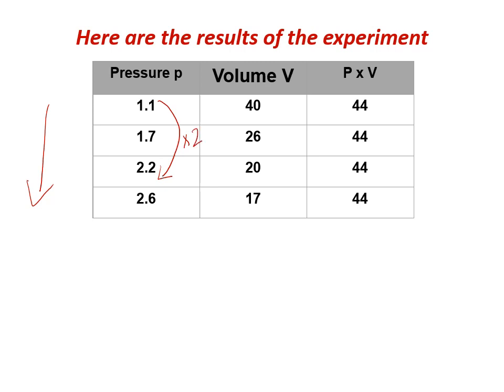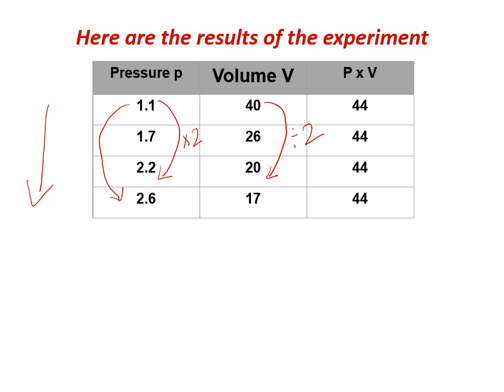So pressure doubles. Let's see what's happening to the volume. It's going from 40 to 20. So what does that tell you? The volume is becoming half. So when the pressure doubles, the volume becomes half. That is exactly what we saw earlier. Not only doubling and becoming half, let's just pick two random values without too exact a ratio. It's going from 1.1 to 2.6.